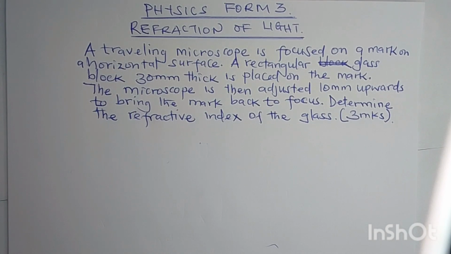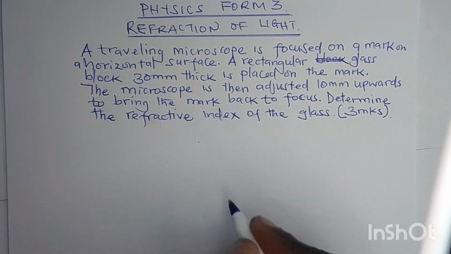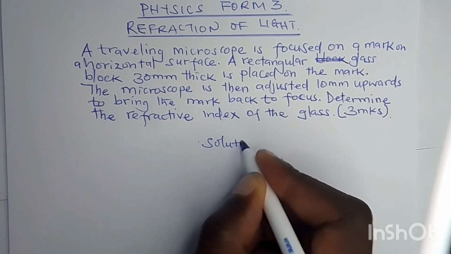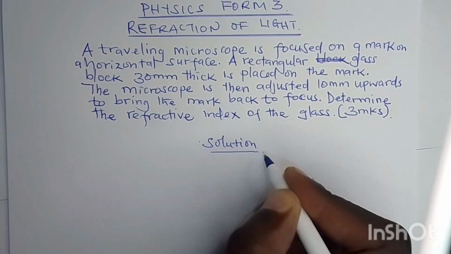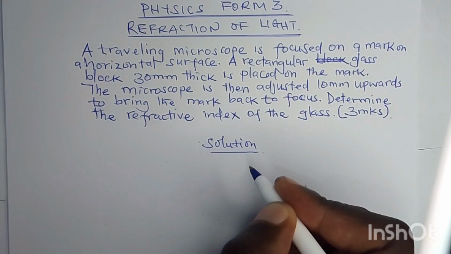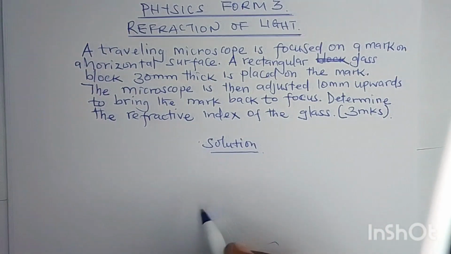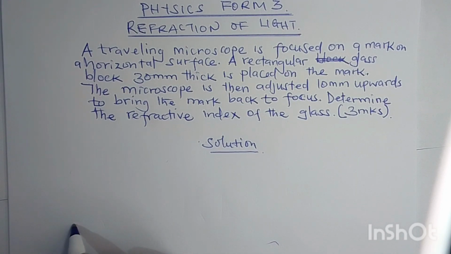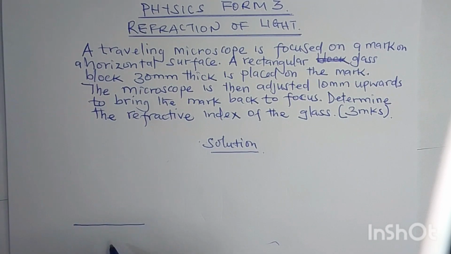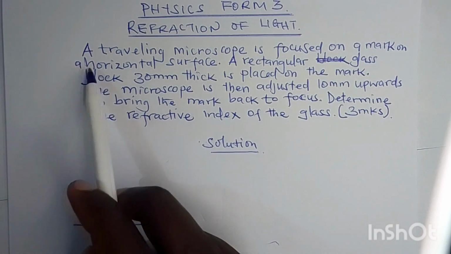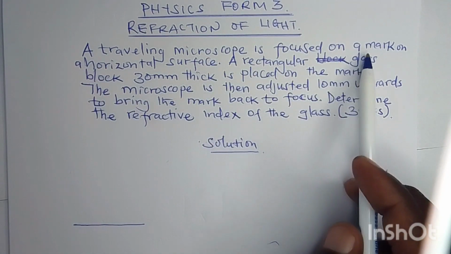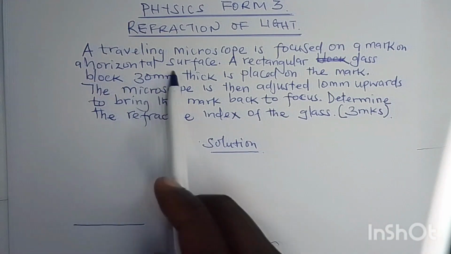So learners, this is the approach I'm going to give this question. Solution. I will sketch so that we get the pictorial bit of it. Suppose this is the horizontal ground, because a traveling microscope is focused on a mark on a horizontal surface.